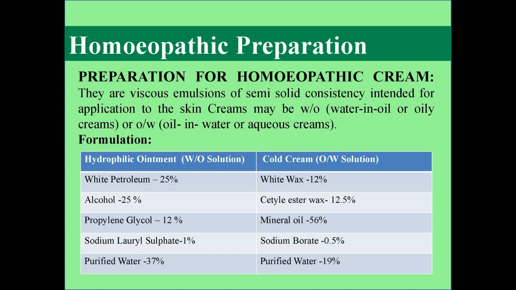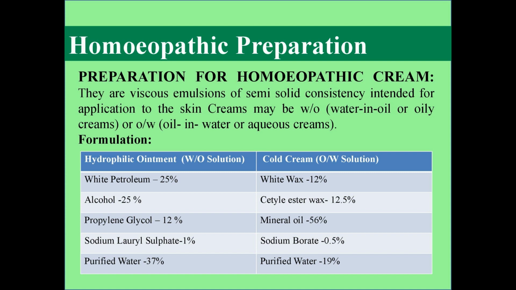These solutions are already prepared and easily available in the market, but if you want to prepare them yourself, you can also do so. Hydrophilic ointment is actually a water in oil base, and to prepare it, white petroleum 25%, alcohol 25%, propylene glycol 12%, sodium lauryl sulfate 1%, and purified water 37% are taken, and according to the percentages of these substances we can prepare the hydrophilic ointment.